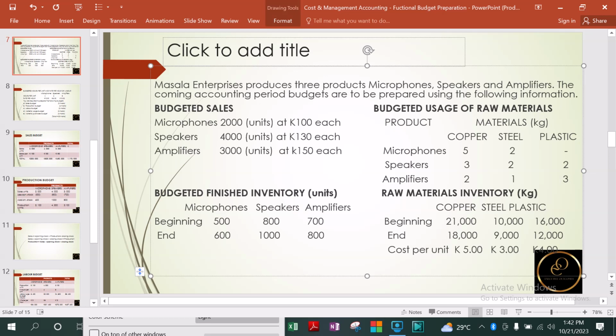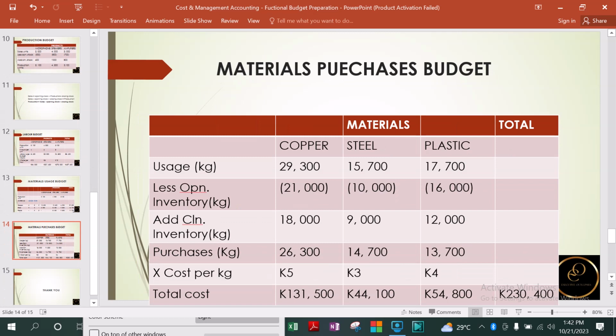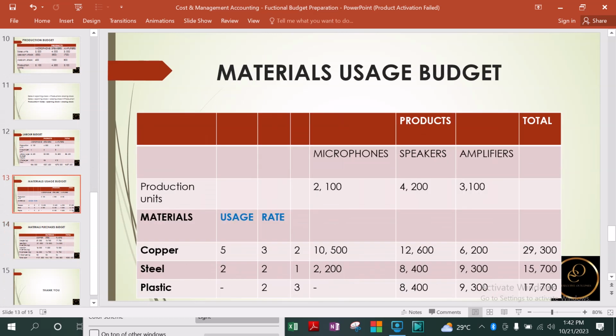So 0, 2, and 3 to microphone, speakers, and amplifier. So 0 for microphone, 2 for speaker, 3 for amplifiers. So once we have got the rate, it's a question of now multiplying this rate by the quantity.